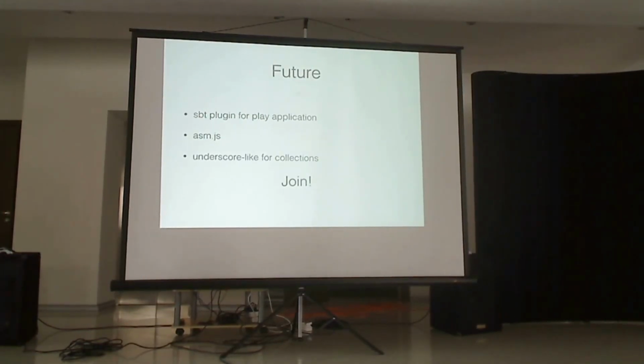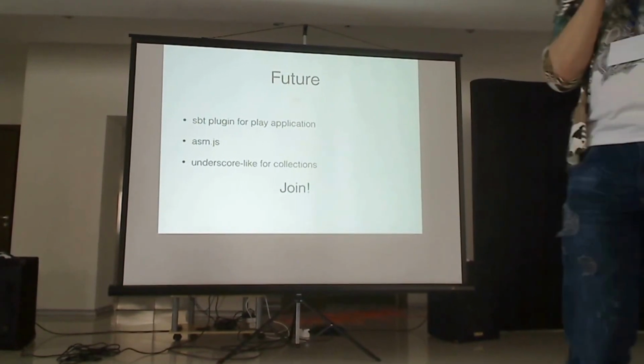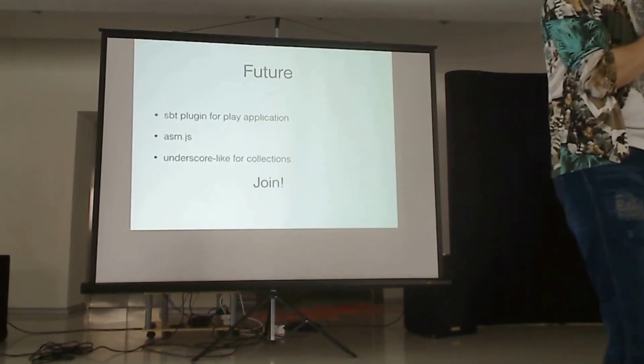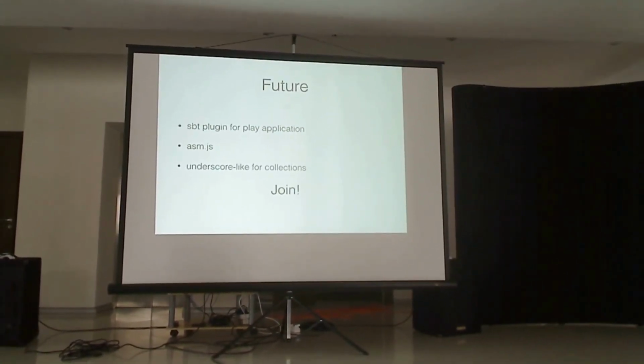One of the features I would like to implement is asm.js support. Does anyone know what asm.js is? A few. Okay, so basically it's a tool for making JavaScript code more performant by giving the JavaScript virtual machine hints about types.